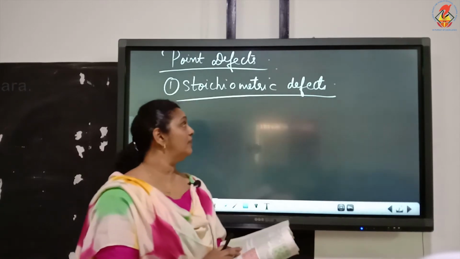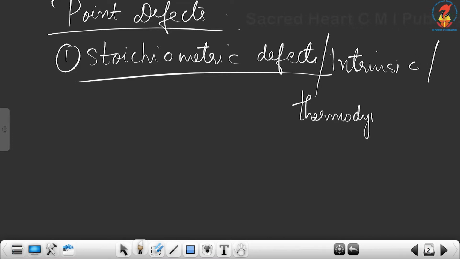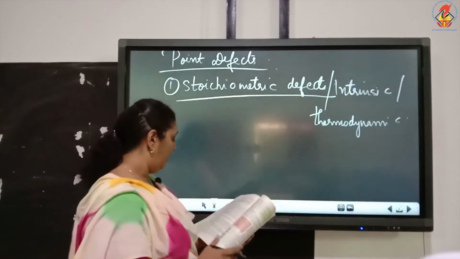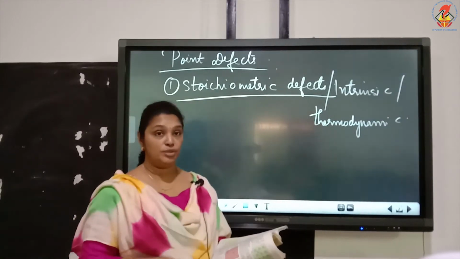Now, the stoichiometric defects are also called intrinsic defects, or they are also called thermodynamic defects. Again, stoichiometric defects can be classified into two types.